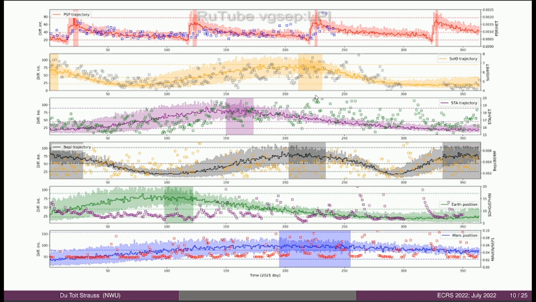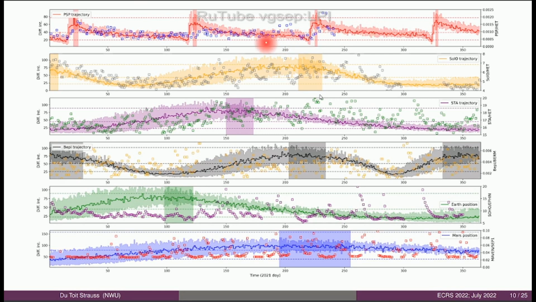The data is not clean, so there are a couple of peaks in the data. These are solar energetic particle events. They still have to be taken out. But for some spacecraft, we already see a very nice trend. Recently published for Parker Solar Probe, the blue data points show these periodic little intensity jumps, which we can show nicely are from Jupiter.